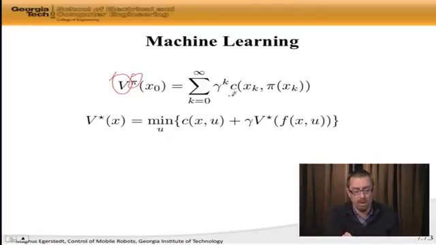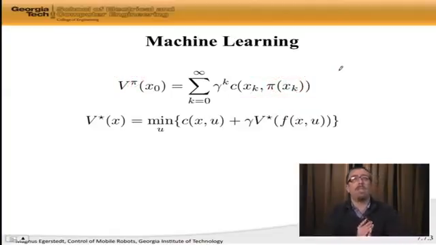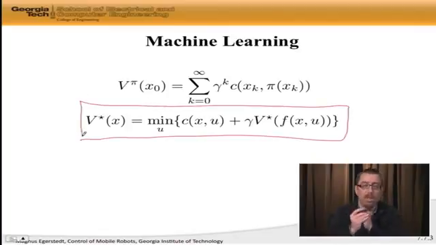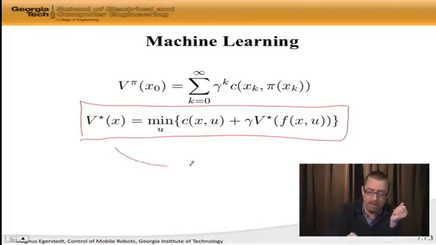And the cost is just going to be a cost of where I am at time k, and what I'm doing at time k. So this is really u sub k, right? And now I'm going to sum up this entire cost. And if you do that, you can write down something known as Bellman's optimality equation, or Bellman's equation, that basically characterizes what is the smallest you can make this cost. Well, it satisfies this kind of weird-looking expression.